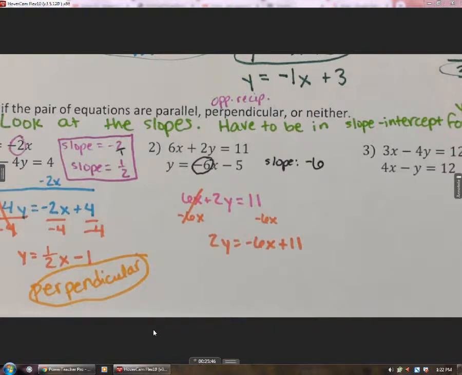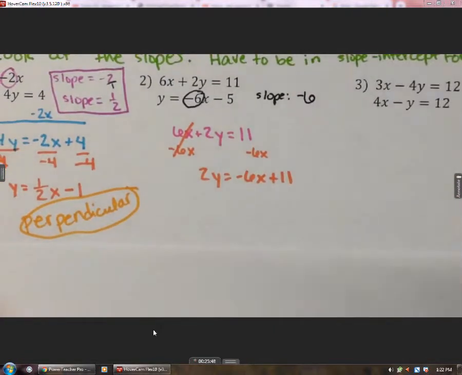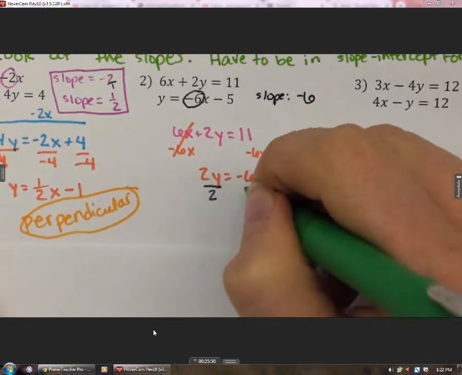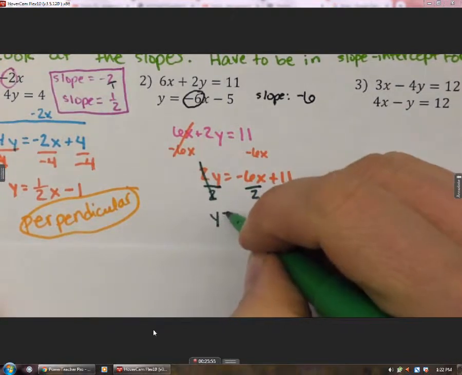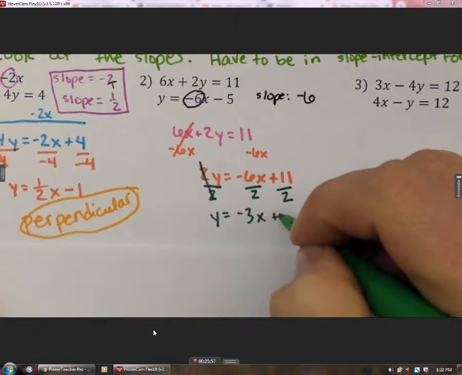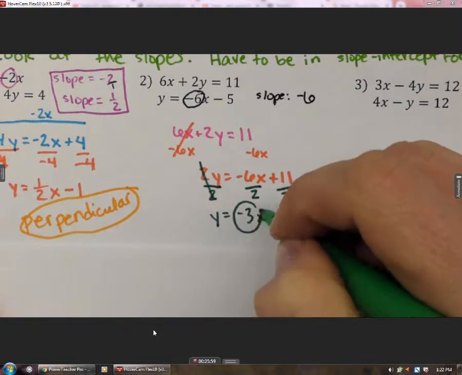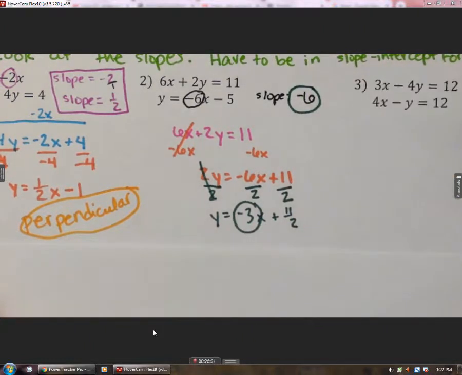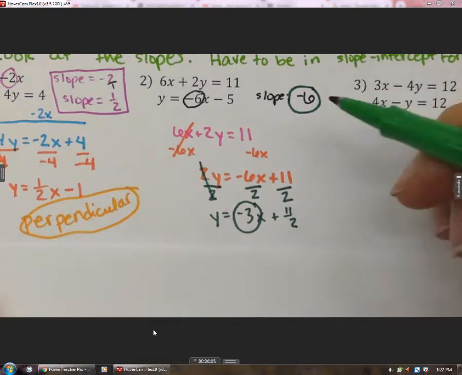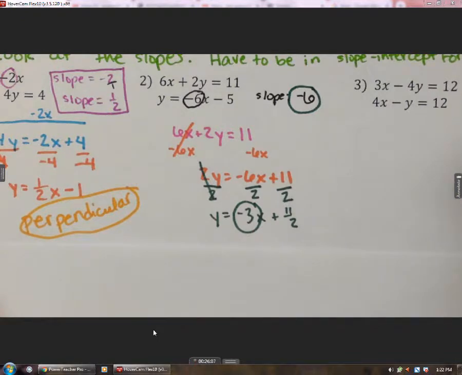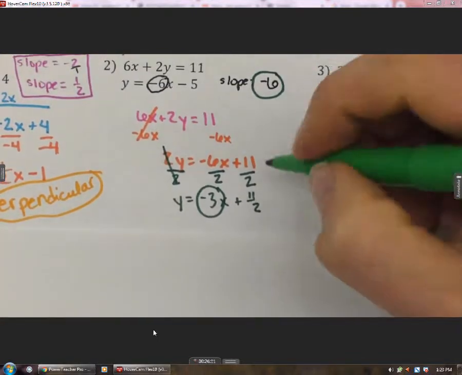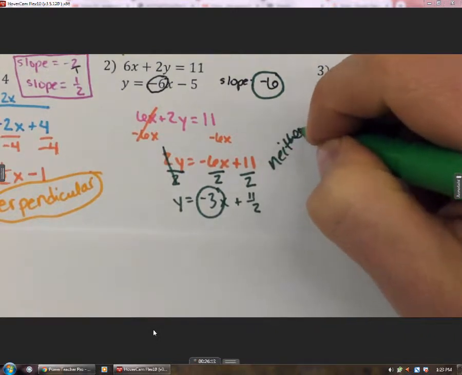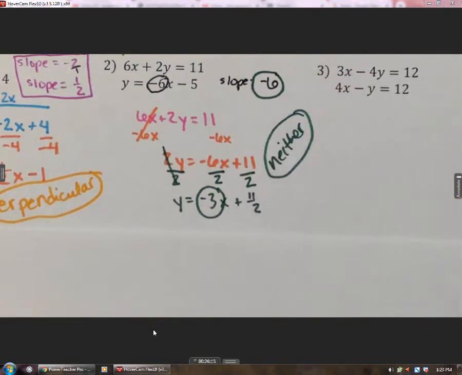And how do you get y by itself? Divide by 2. Y equals -3x plus 11 over 2. Is -3 the same as -6? No, they're not parallel. Is one positive and one negative? No, so there's no chance of them being opposite reciprocals. So this is just neither. There's no relationship between -6 and -3.